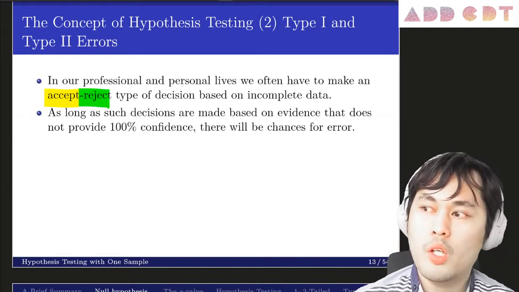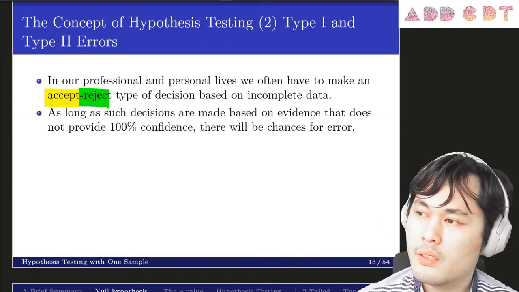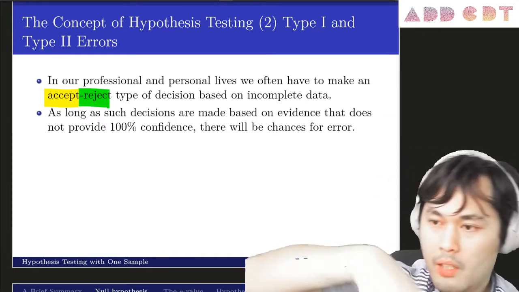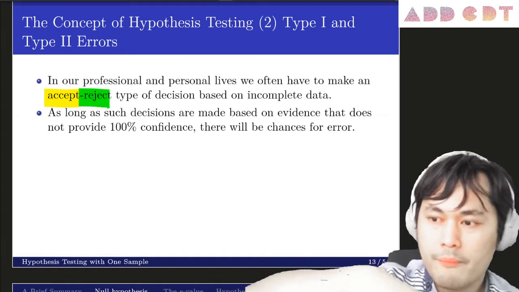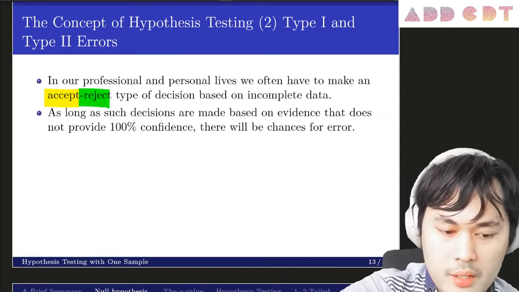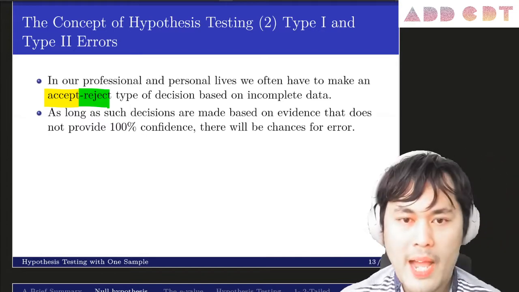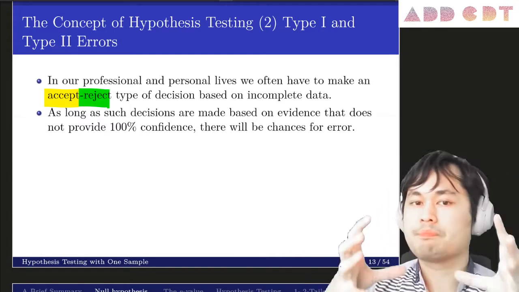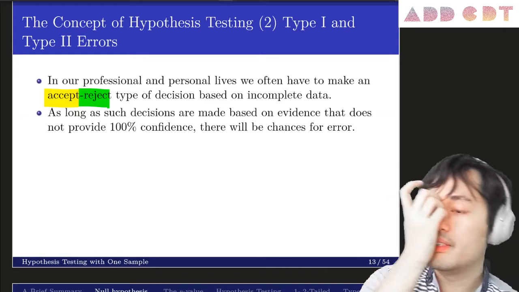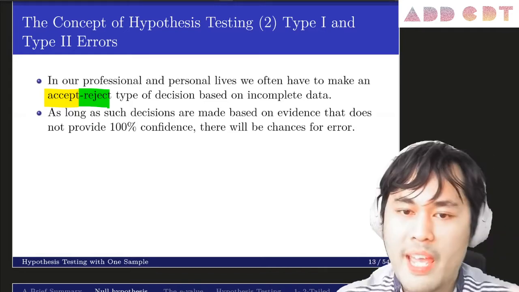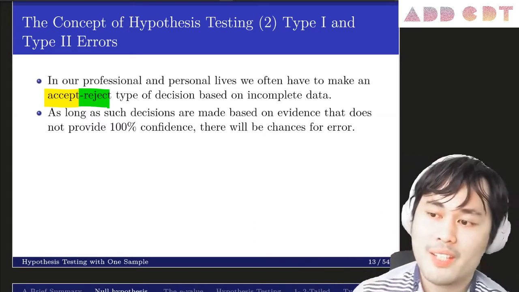So maybe we look at a box of balls, right? We cannot get the whole box, so we may sample some amount of balls out, and then we have to decide if we want to buy the whole box or not. Think of maybe a box of apples. Maybe that's more realistic, right?